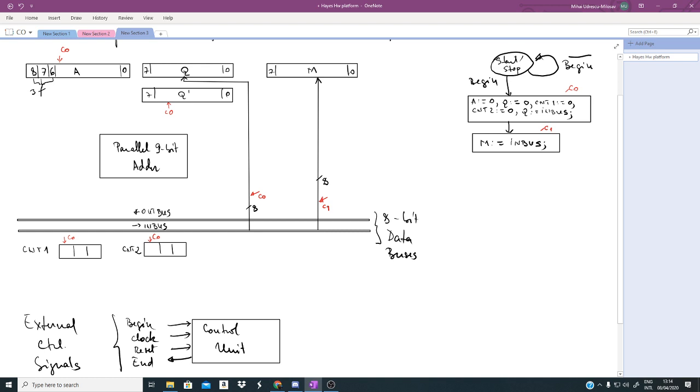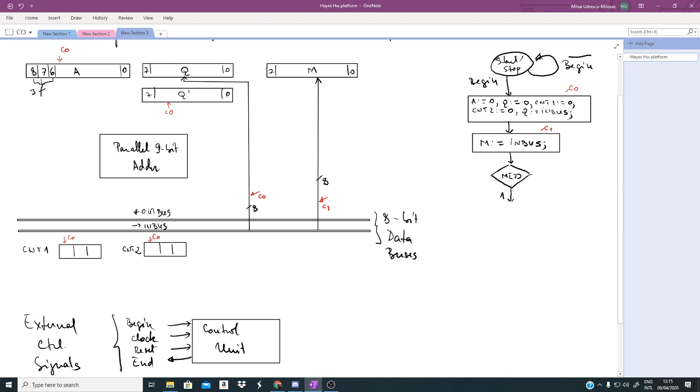Okay, and then we perform that shifting over 0. So we are interested in the value of M of 7. If this value is 1, then we're done.